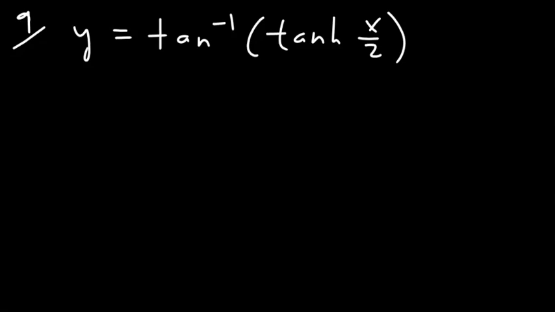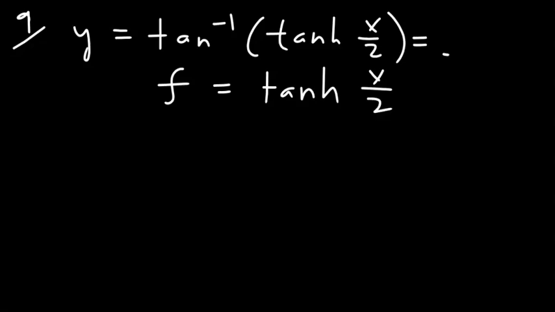This function has inverse tangent in it, in addition to hyperbolic tangent as the argument of that inverse tangent. So of course we can apply the differentiating function of a function method. So let's first introduce function f as hyperbolic tangent of x over 2. So that means your y in terms of f is just inverse tangent of f.